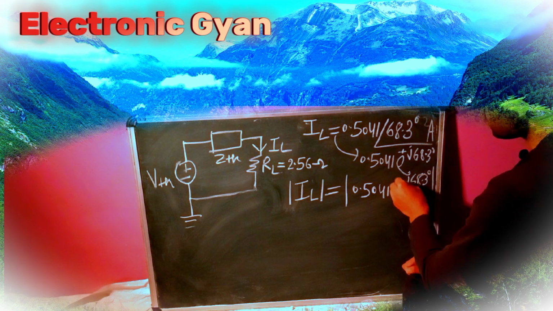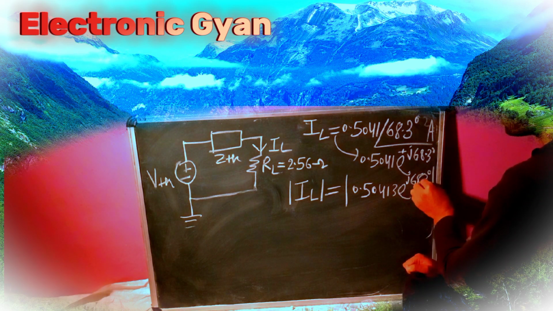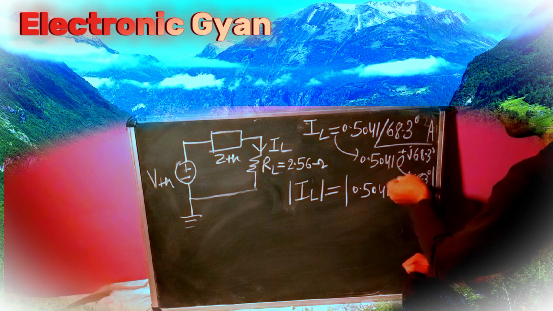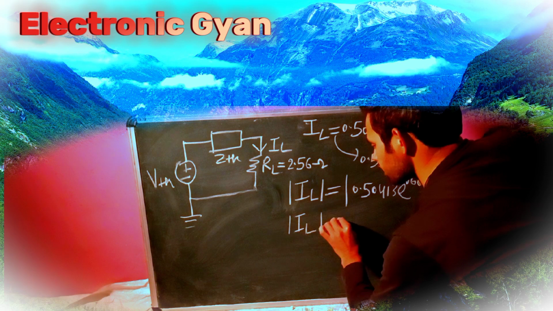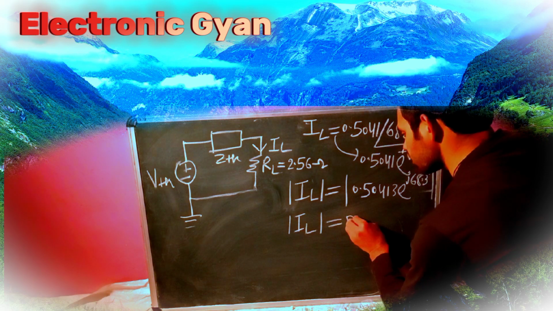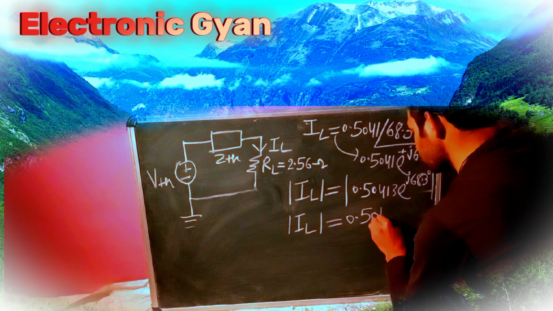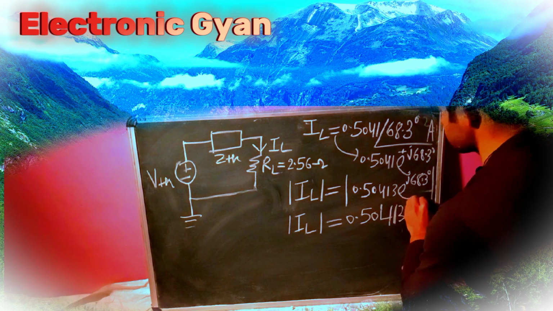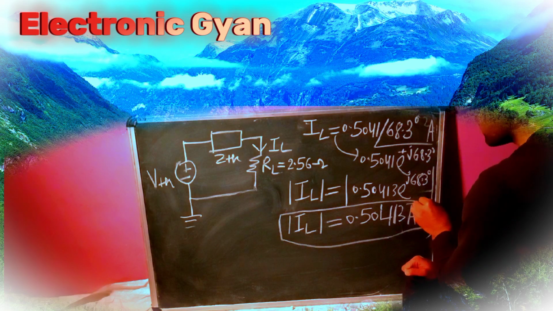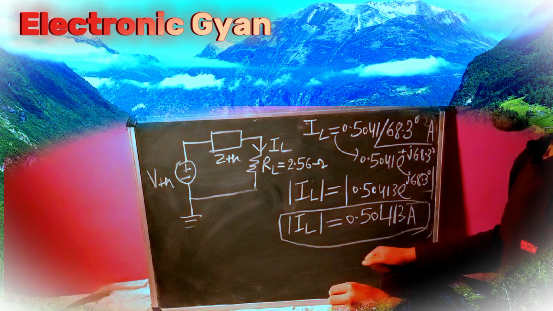When we calculate the modulus, the e to the power j 68.3 term gets eliminated, and we get the modulus of IL, the load current, equal to 0.5041 ampere. So this is the load current that we got.